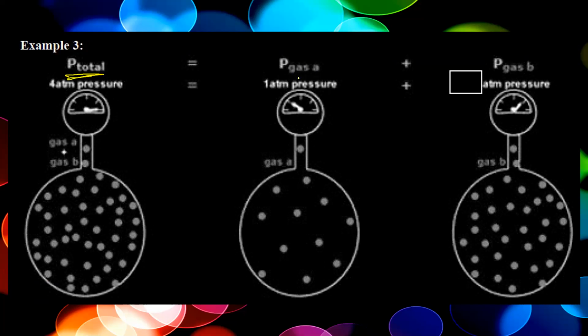If the pressure of gas A is 1 atmosphere, what must be the pressure of gas B? 3. Yeah, we had to subtract in this case to get the answer. There we go, 3. That's all I would ask of you on these as we practice. Add them up to a total or subtract them for an individual. Take whatever you're told, subtract from the total, get your individual.